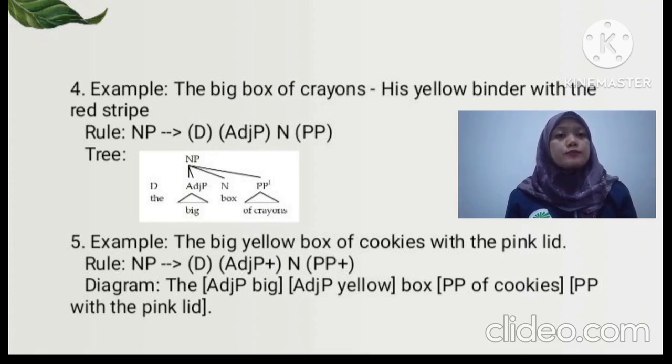For example, the big yellow box of cookies with the pink lid is a noun phrase where the is the determiner, big and yellow are adjectives, box is the noun, and of cookies and with the pink lid are prepositional phrases.